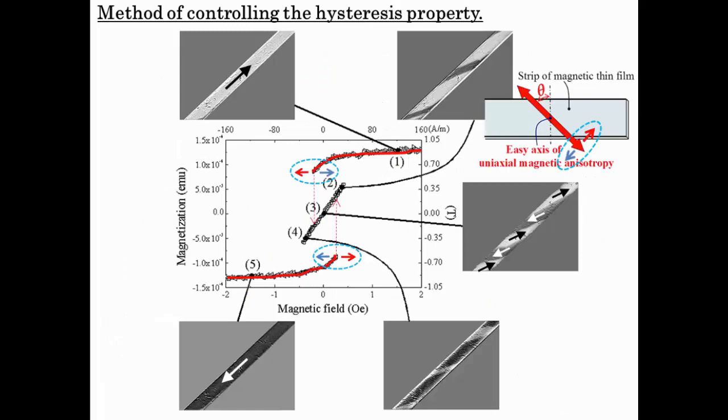Based on our previous study, the magnetization property is controllable by controlling the easy axis direction. When we control theta to a larger value, the endpoint of the single domain state extends toward the red arrow direction.